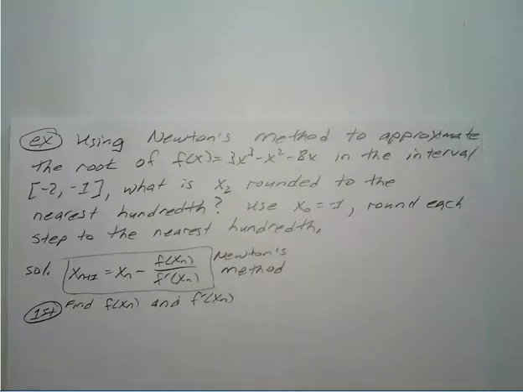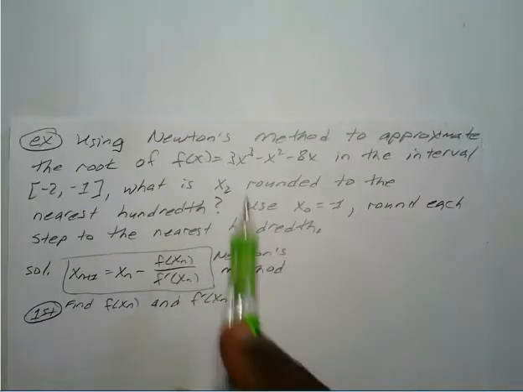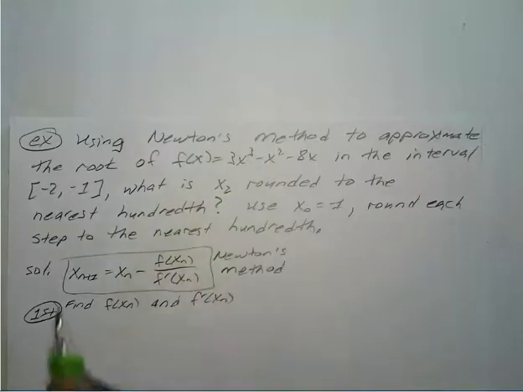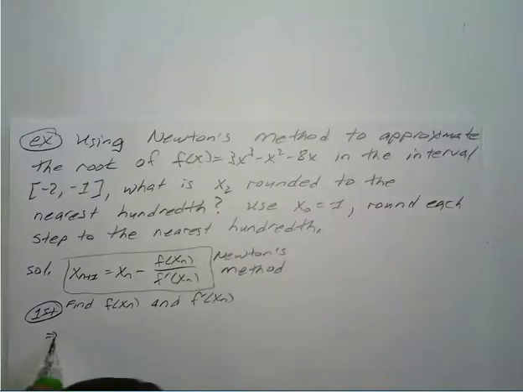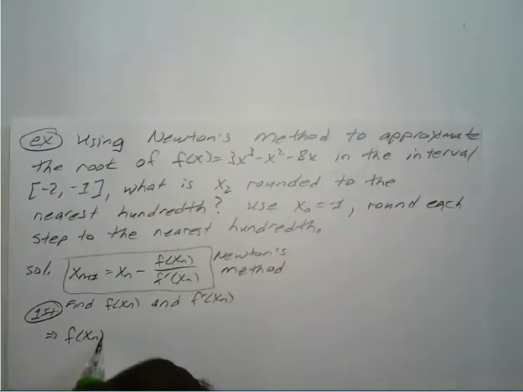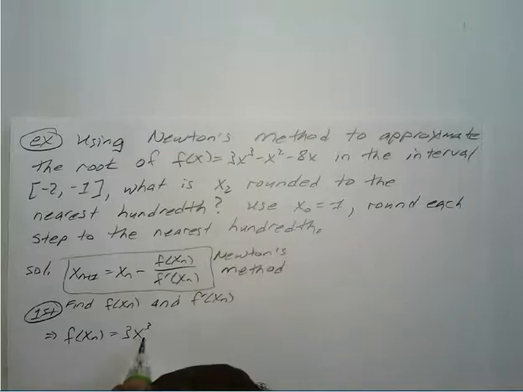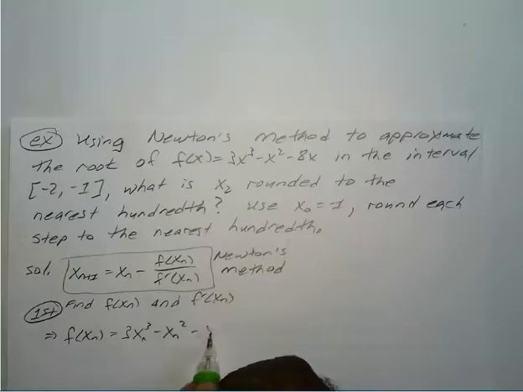Which is not extremely difficult for our f of x sub n, just replacing all the x's. So f of x sub n is equal to 3x sub n to the third power minus x sub n squared minus 8x sub n.